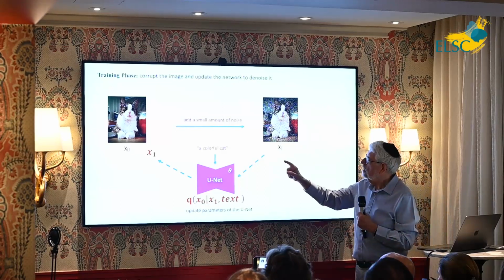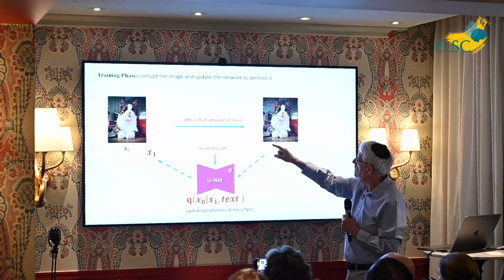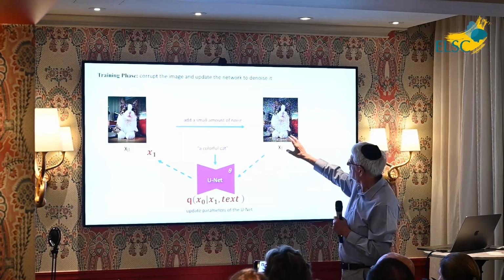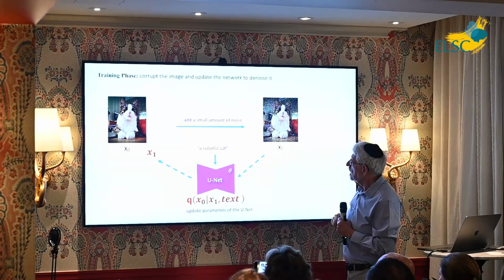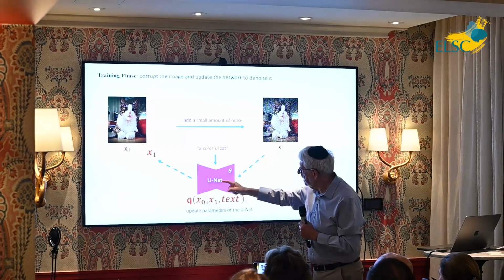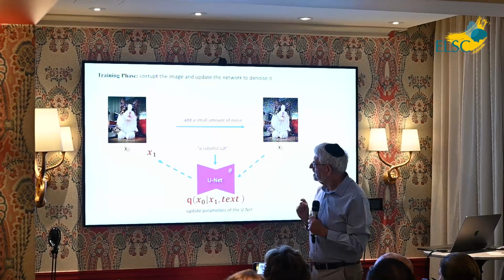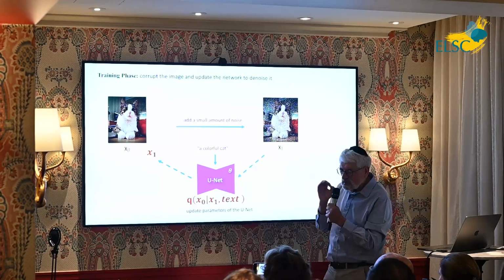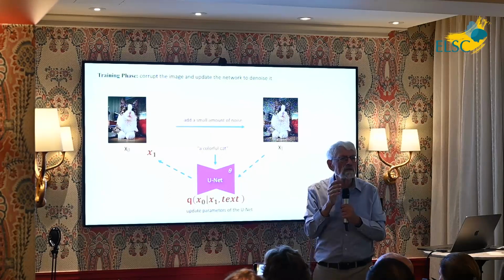And what you do is you take an image and add a little bit of noise. Like this, it still looks like that, but it's a little bit noisy. Now, it turns out that there are powerful learning algorithms that can take a slightly corrupted, slightly blurred image and clean it.